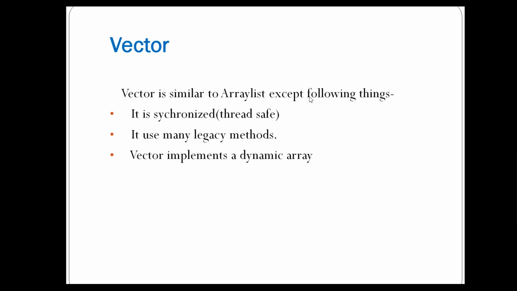Vector is similar to ArrayList except for the following things. It is synchronized, thread safe. Thread safe means multiple threads can't access it at the same time, so it is called thread safe and also synchronized. It uses many legacy methods. Vector implements a dynamic array.